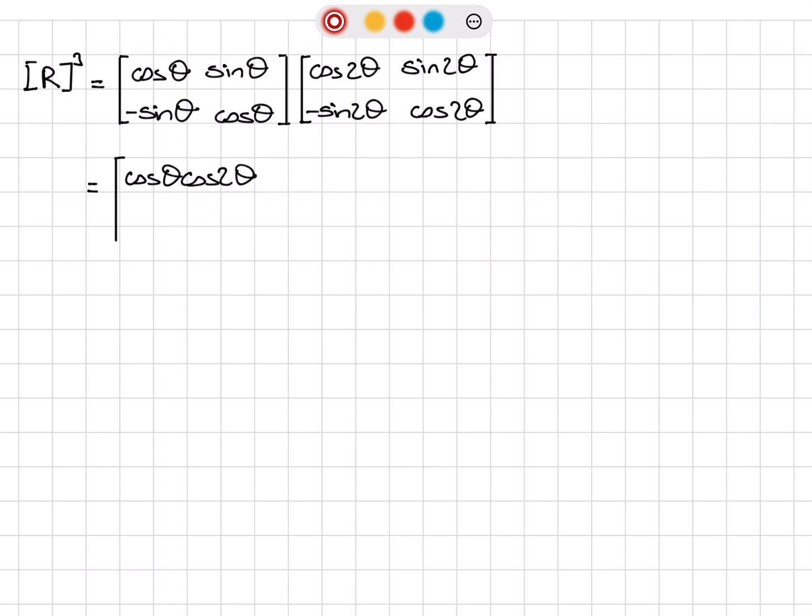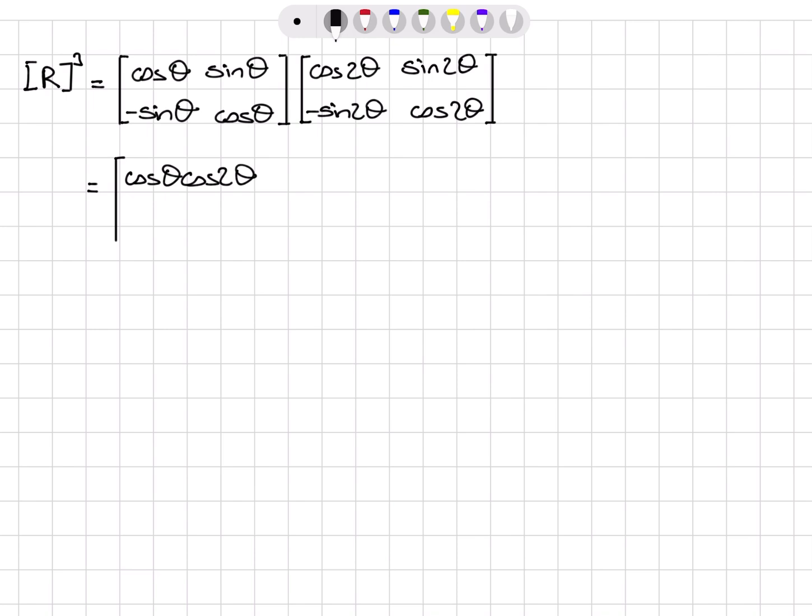First row, first column is what we have to do first: cosine theta cosine 2 theta minus sine theta sine 2 theta.